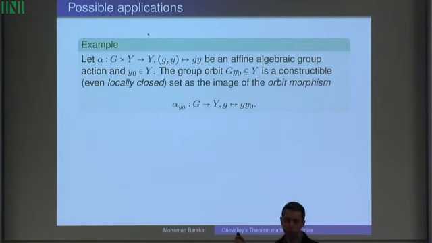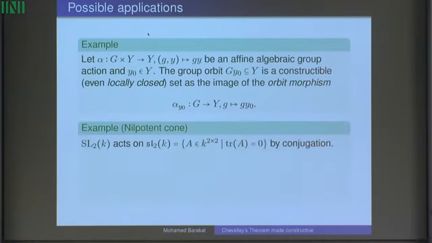And once you know that it's constructible, you can even prove that it's locally closed, because it is the image of this orbit morphism. So you restrict your action in the second component to y0, and then the image of this restricted map is exactly the orbit. So you now have a polynomial morphism, which is in particular a rational morphism, and the image of this is the orbit. So you know by Chevalley it's constructible, and by equivariance you can prove that it must be even locally closed.